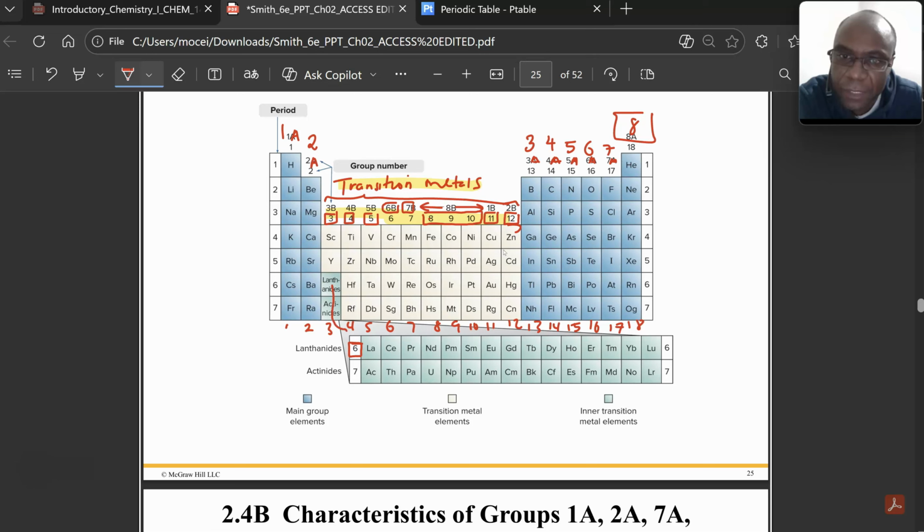So lanthanides belong here. All these elements were taken out. They were sliced off the periodic table because of how common the chemical reactivity is. Actinides are sliced off period 7, and they include these elements right here. We call those inner transition metal elements. Okay, but they belong to transition metals.